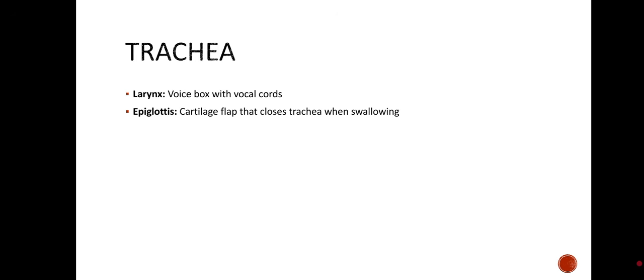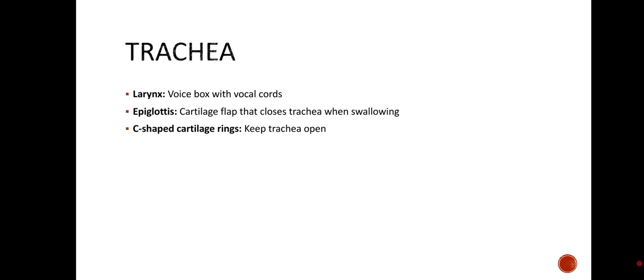The walls of the trachea are supported and kept open by C-shaped cartilage rings. The trachea is lined with ciliated columnar epithelium with goblet cells that secrete mucus. Going back to the C-shaped cartilage rings, they keep the trachea open, right?